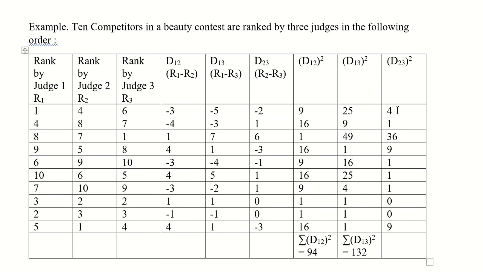So we have calculated. Now I will calculate summation of D23 square. Its total is 62. So we have got all the three values.